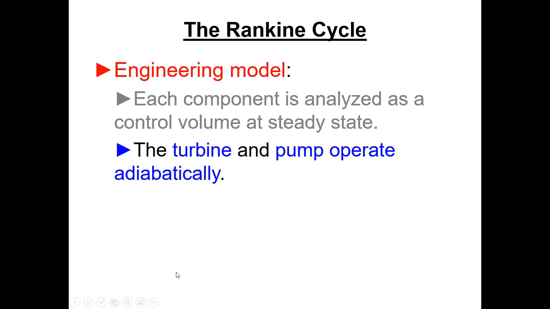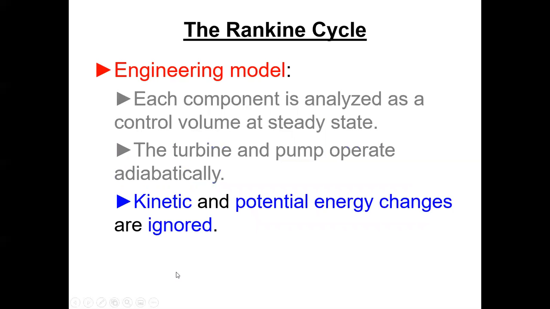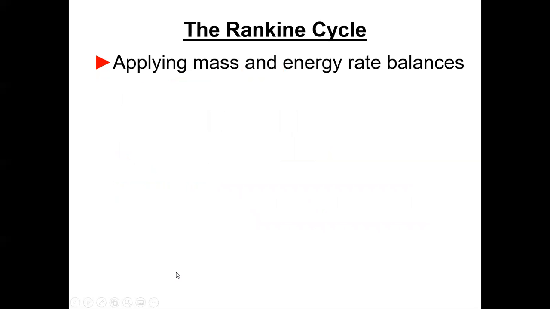You may have a specific problem at the back of the chapter that says no, assume this, but generally speaking, we assume these things are adiabatic and they're pretty heavily insulated, or they don't have enough surface area to transfer any heat from the working fluid. Kinetic and potential energy changes are ignored. We all like that. It simplifies the equations.